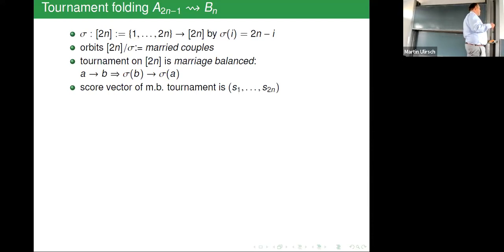There will be, of course, a linear score vector, but now we have twice as many variables: we have x_i's and y_i's. But in fact, inside a couple, you know that they will be playing n minus 1 games against other couples, and because of the property, the sum of their scores has to be n minus 1, plus they will play each other.